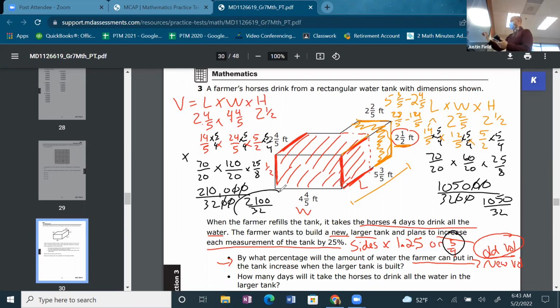So now I got to take this number and add them together. 2100 plus 1050 all over 32. 3150 over 32. All right, I'm going to write that down. Where's the marker? 3150 over 32. Okay.